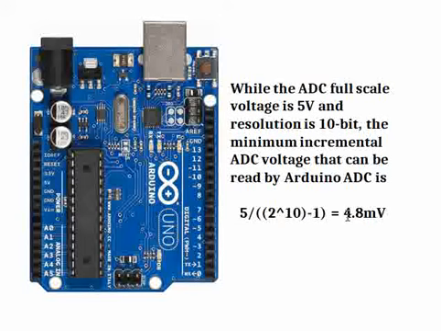So this 4.8 comes by having a ratio of Vref by 2 to the power of 10 minus 1. 10 is nothing but the resolution here. So this gives the minimal incremental voltage which can be read by this microcontroller. So this is a very, very important calculation.